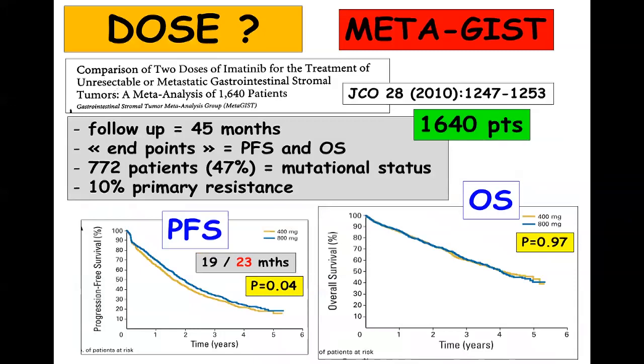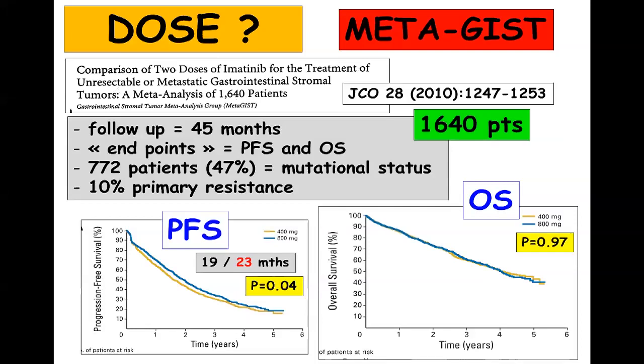So, what is the optimal dose of imatinib? We have the result of the MetaGIST trial published in JCO in 2010, based on a meta-analysis of 1,640 patients with a follow-up of 45 months, with mutational status known in half of the patients, and 10% of the patients have a primary resistance.